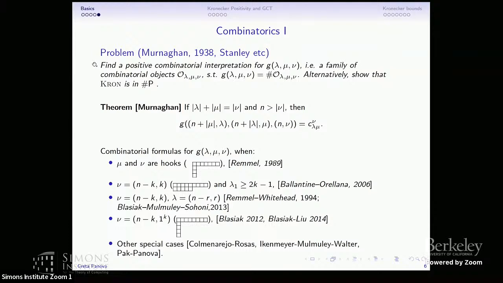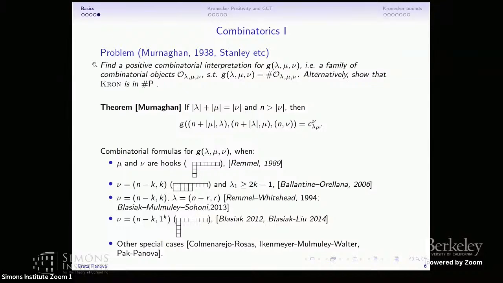Yeah? In all of these complexity theoretic results that you're stating, what is the precise sense of the size of the input? That's another very good question. What I'm stating so far is in binary. These partitions lambda, mu, and nu are sequences of integers which are encoded in binary, and in that sense, this is sharp P hard.